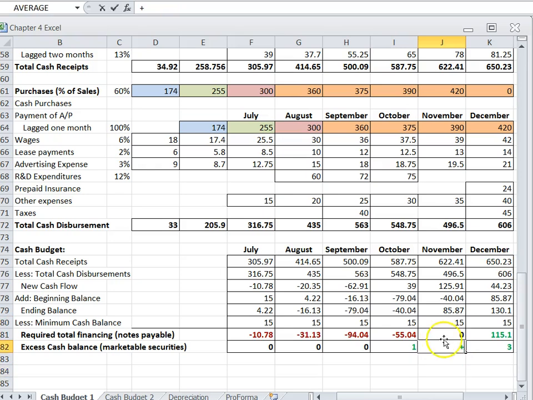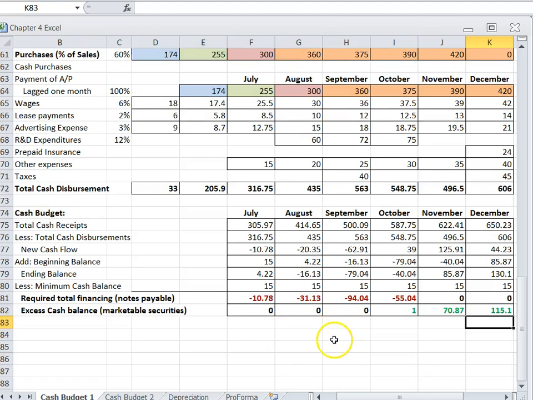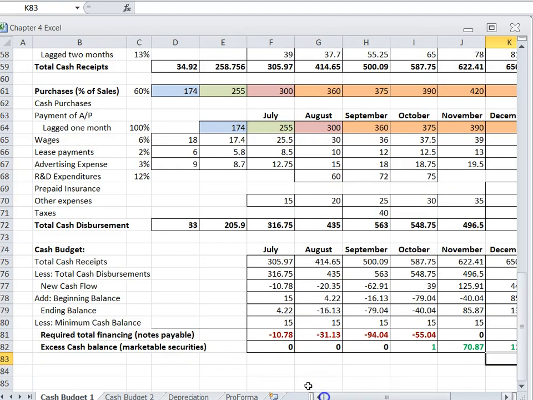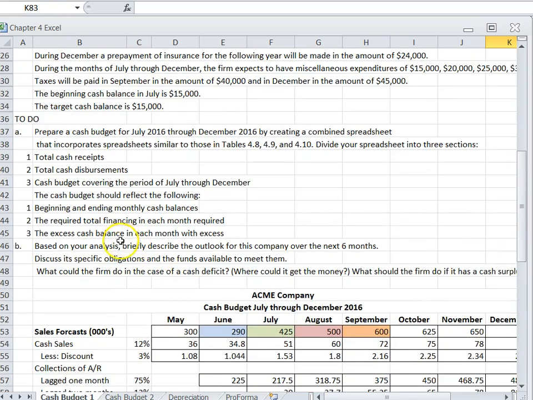If you track the minimum, we have an excess of 70,000. And here we're going to have an excess of 15,000. So we go from a deficit to a cash surplus here. Okay, and that's the cash budget.